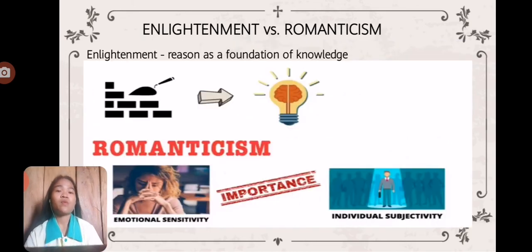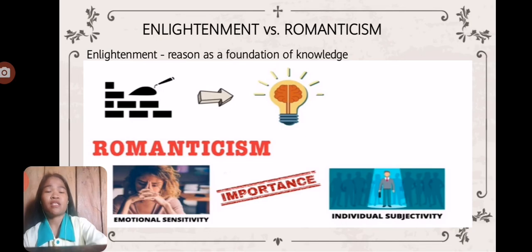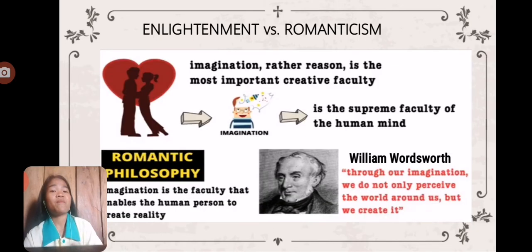Okay, so the Enlightenment thinkers believed reason is the foundation of knowledge, while Romanticism wanted to put emphasis on the importance of emotional sensitivity and individual subjectivity. That is why the Romantics considered imagination, rather than reason, the most important creative faculty.